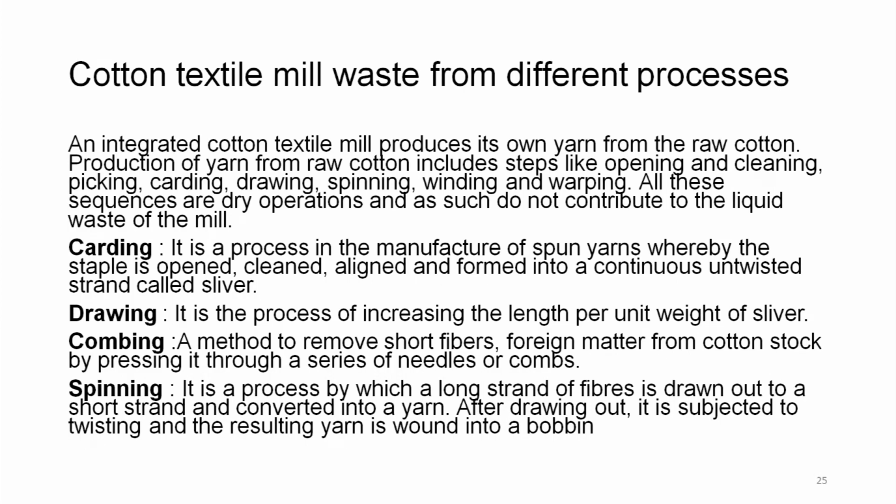Combing is a process to remove short fibers and foreign matter from cotton stalk by pressing it through a series of needles or comb. Spinning is a process by which a long strand of fiber is drawn out to a short strand and converted into yarn. After drawing out, it is subjected to twisting and the resulting yarn is wound into a bobbin.